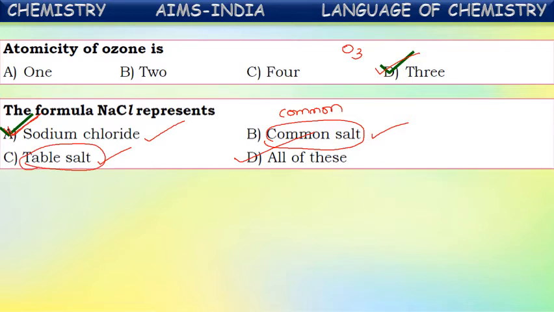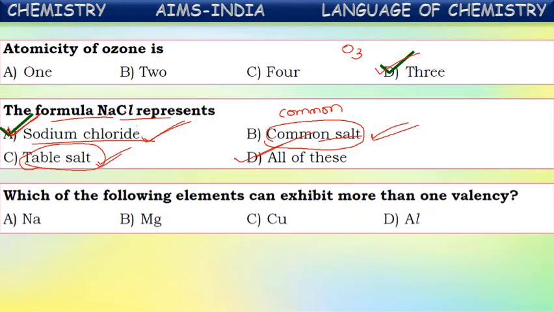Again, the formula of NaCl represents sodium and chlorine, so sodium chloride is the meaning of that question.